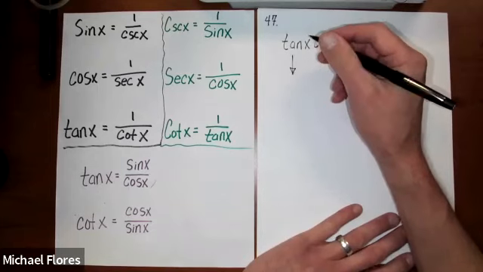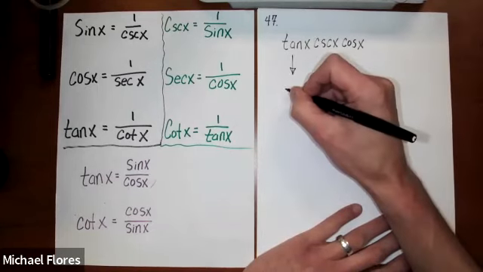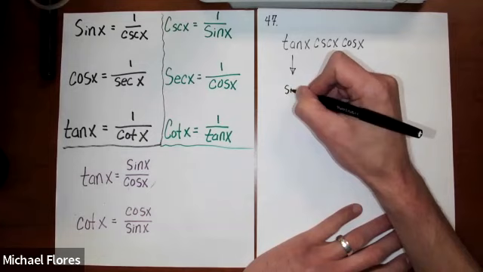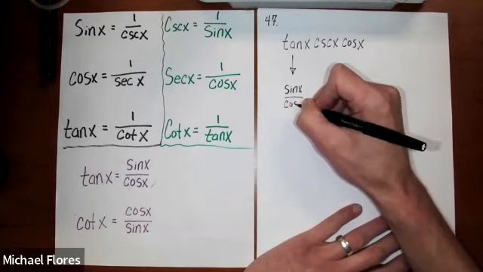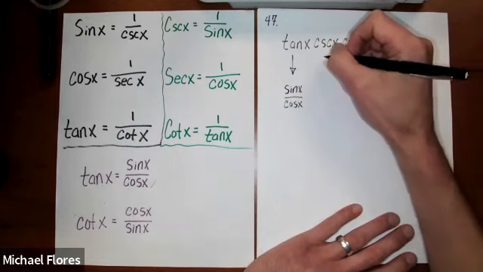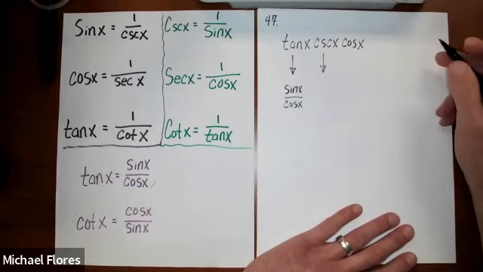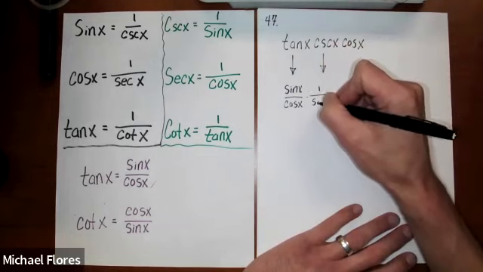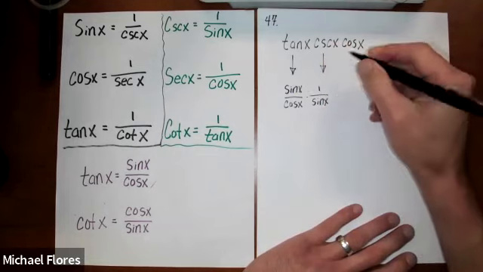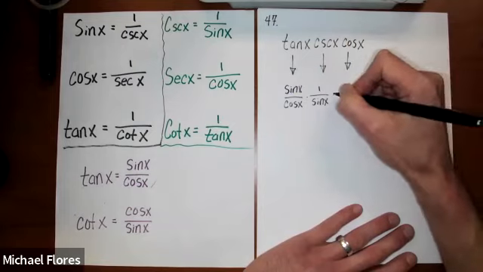I'm going to change tangent to its quotient. Cosecant to its reciprocal identity. And I'm going to leave cosine alone.